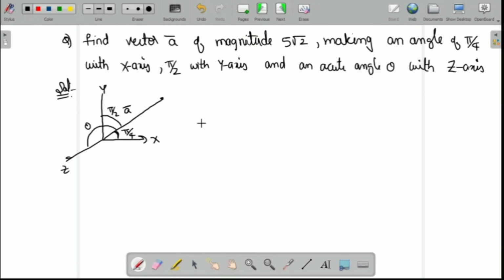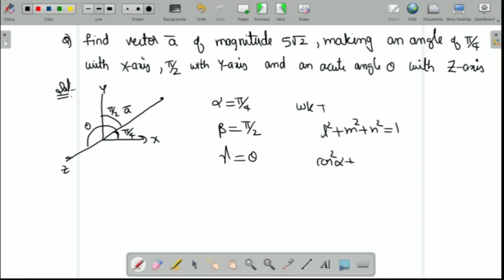Now we have a relation, right? Here alpha is equal to pi by 4, beta is equal to pi by 2, gamma is equal to theta. We know the relation l square plus m square plus n square is equal to 1, where l is cos alpha, so cos square alpha plus cos square beta plus cos square gamma is equal to 1.